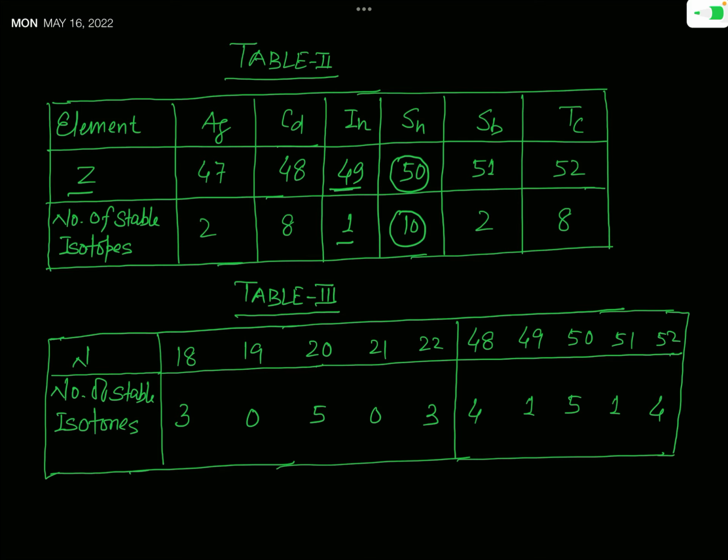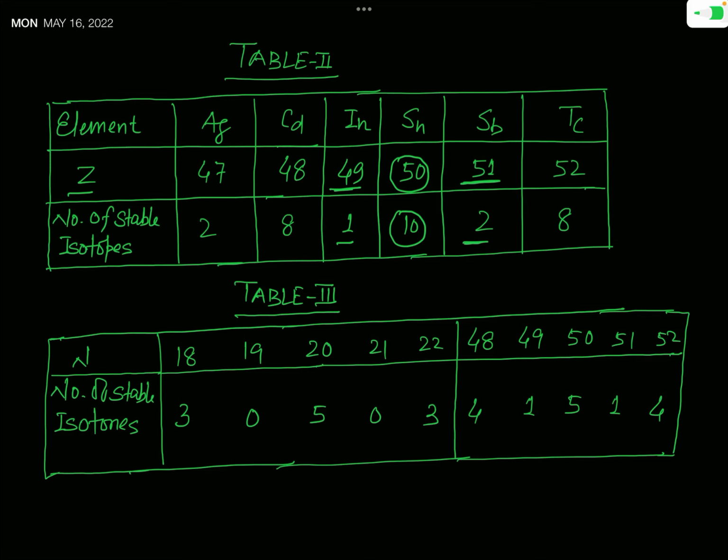Similarly, if the number of protons in a nucleus is 51, which is the nucleus of Sb, then you can see that the number of stable isotopes for this nucleus is only 2. And similarly, you can see this table for the other nuclei neighboring this magic nucleus Sn, and you will find that the number of stable isotopes in these neighboring nuclei is less than 10.